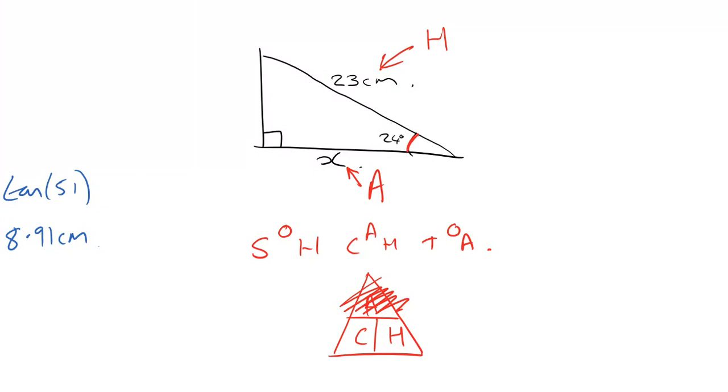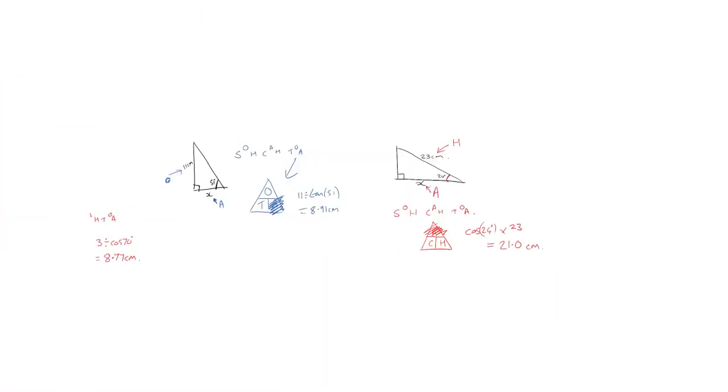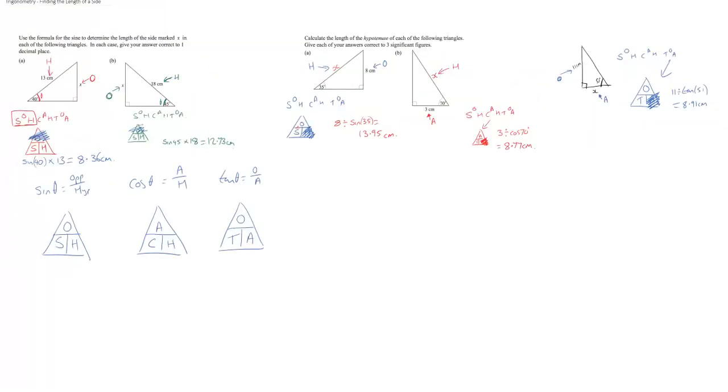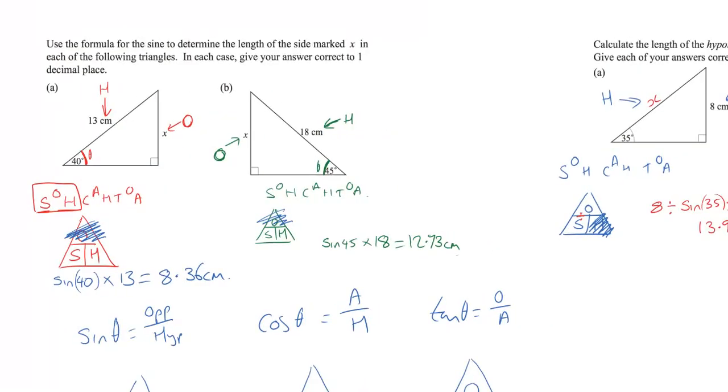So it's the cosine of the angle multiplied by the hypotenuse. So I'm going to have to do the cosine of 24 degrees multiplied by that hypotenuse, which is 23. And if I work that out, I get 21.0 centimeters. Okay, hopefully that is enough examples of how to work out the length of a side using trigonometry.